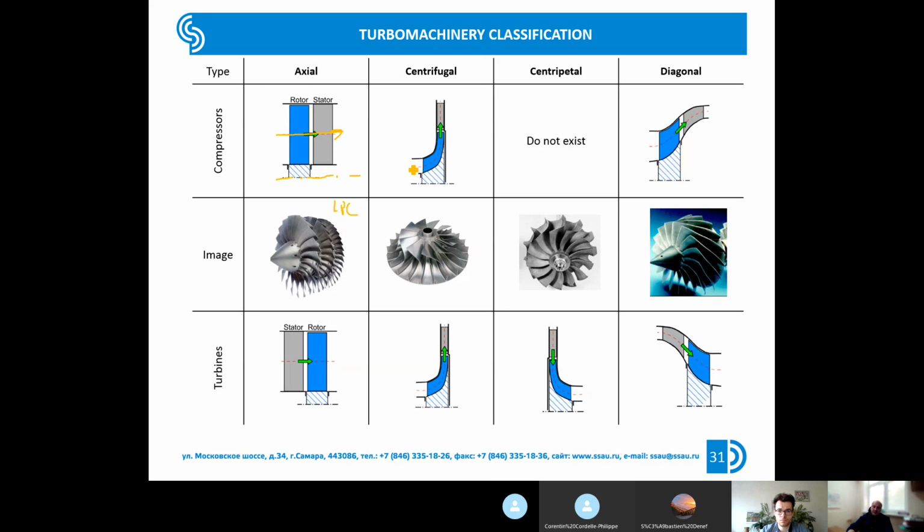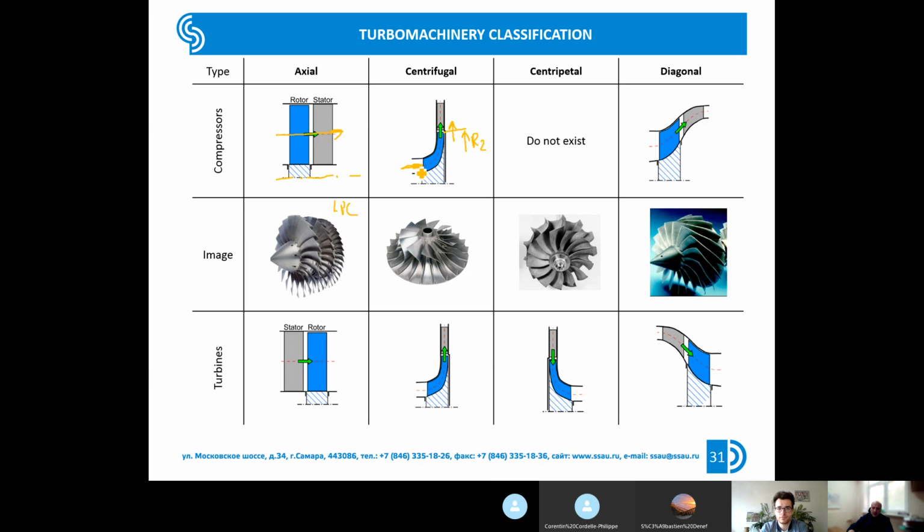The next type, centrifugal compressor. The main special feature of this type of compressor is the change of direction of the flow. The flow comes in at the lower radius, turns in the rotor wheel to the radial direction, and comes out, usually in the radial direction, at the upper radius.